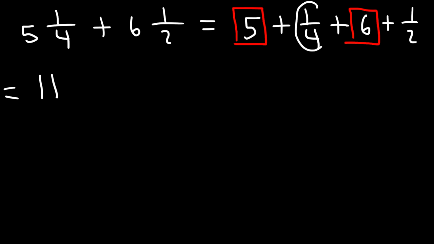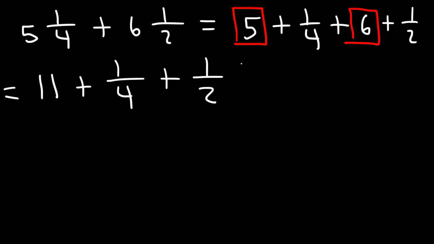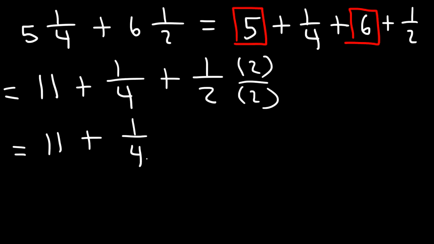Now we need to get common denominators when adding those two fractions. So we don't need to change the 1/4, but the 1/2, we'll need to multiply that by 2/2. And so this becomes 11 plus 1/4 plus 2/4.